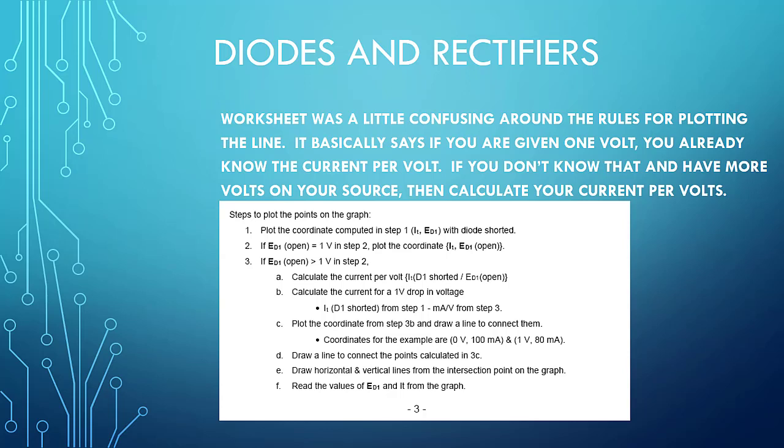If you have more voltage than that, it just wants you to divide your total current by your total voltage to get current per 1 volt, and then that is what you would graph. At 0, you would graph up your total current per volt, and then at 1 volt you would graph down a loss of whatever the current per volt is.